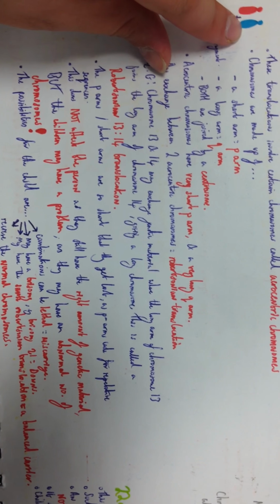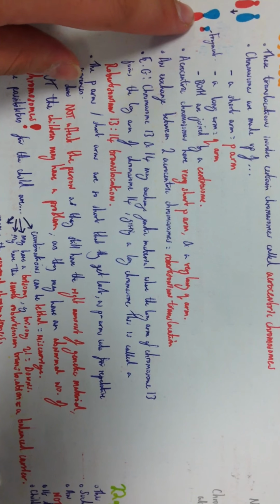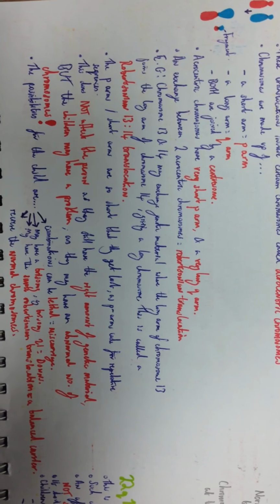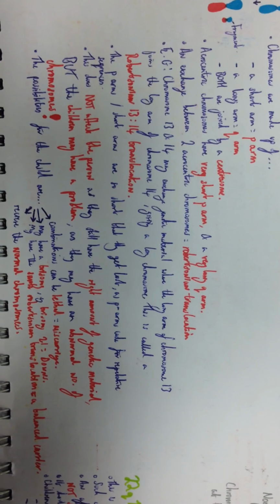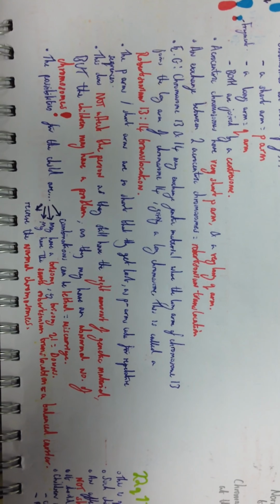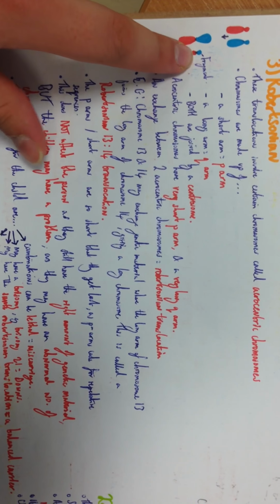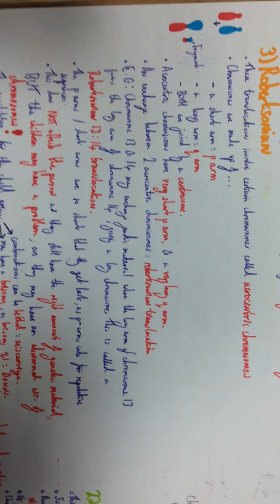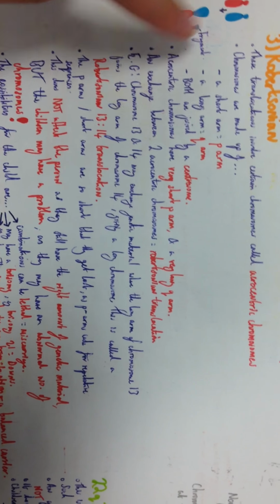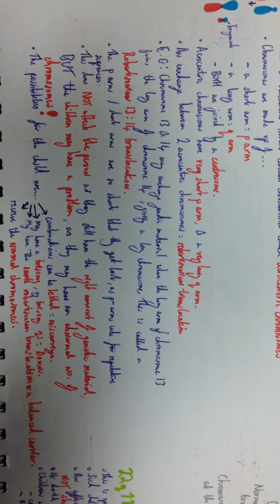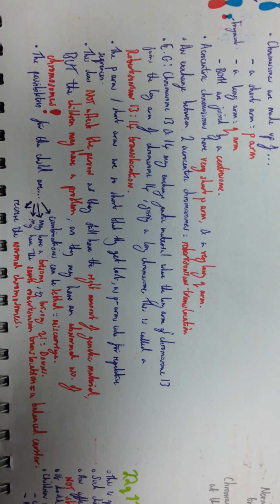The P arms, the short arms, are so short that they get lost, as P arms don't code for repetitive sequences.